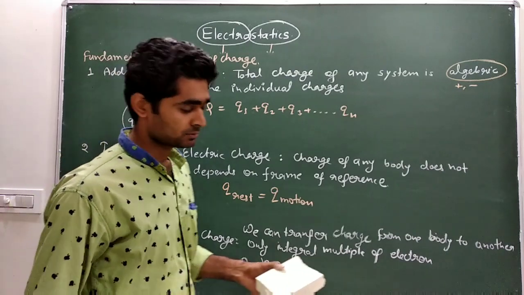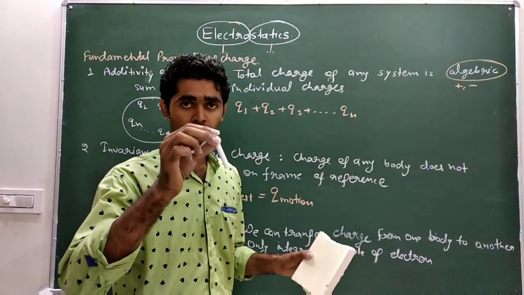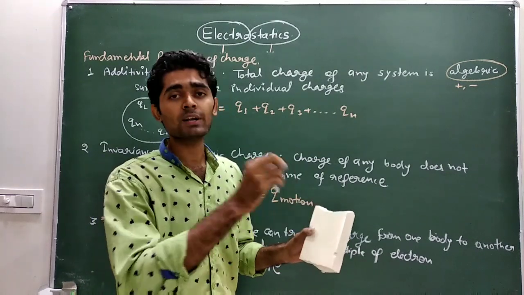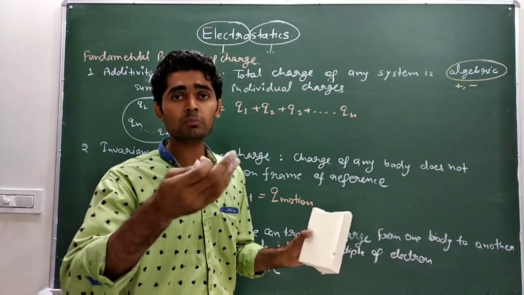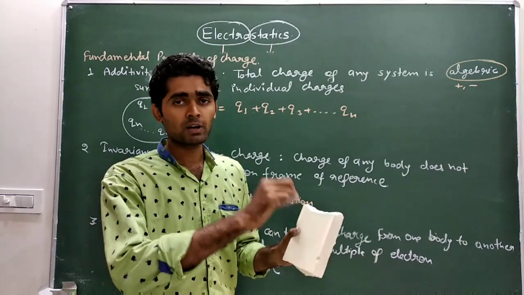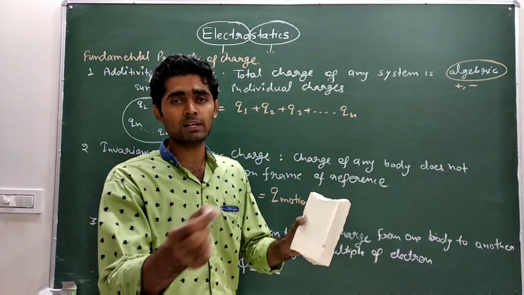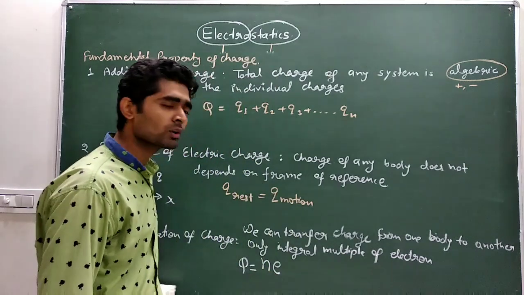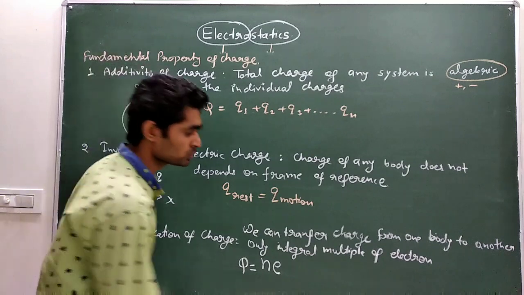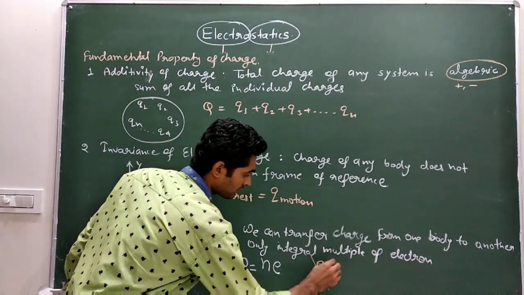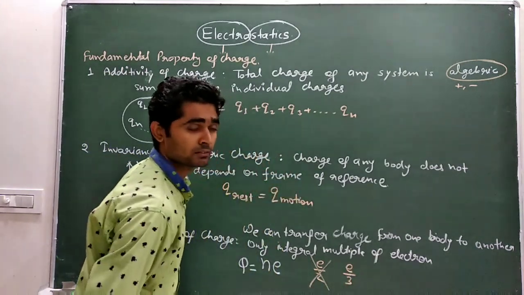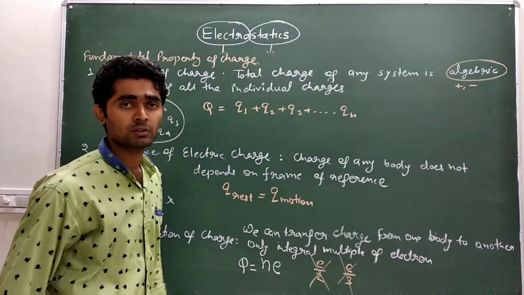If I want to transfer charge from this duster to this chalk, then minimum charge that we can transfer is of 1 electron. If I want to transfer more charges, then it will be in the multiple of electron, like 1 electron, 2 electron, 3 electron, and so on. We cannot transfer charge as a fraction. Like if you want to transfer E by 2 charge, then we cannot transfer. Similarly, E by 3, we cannot transfer E by 3 charge.